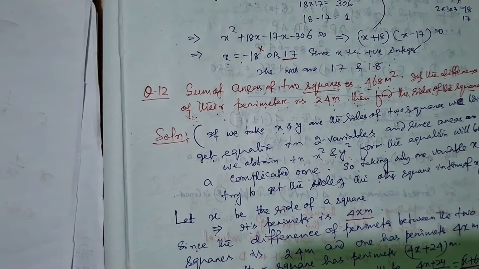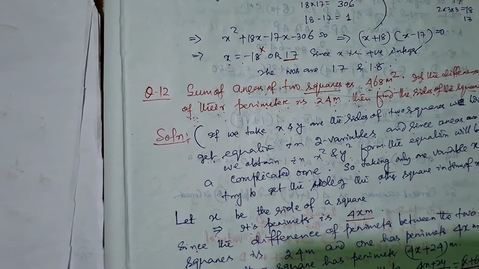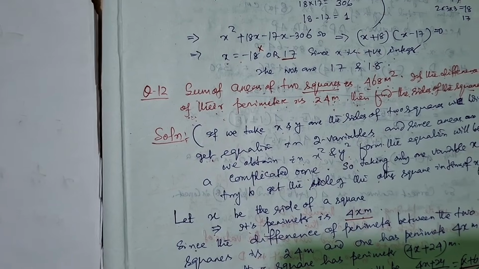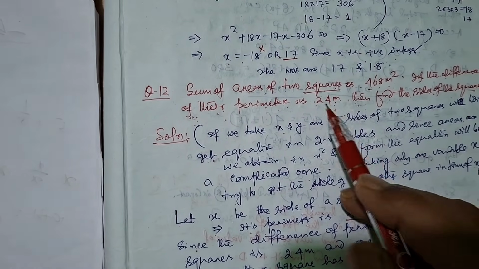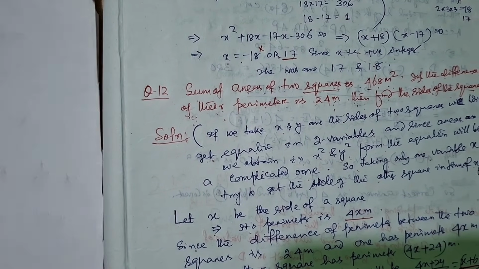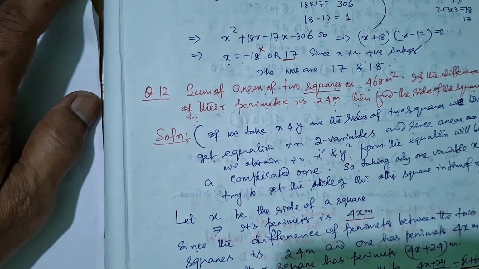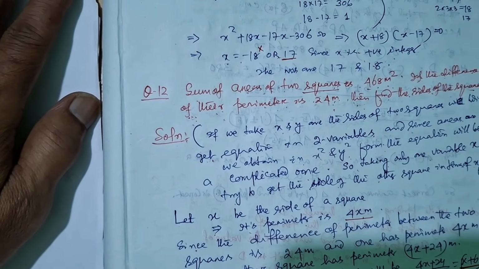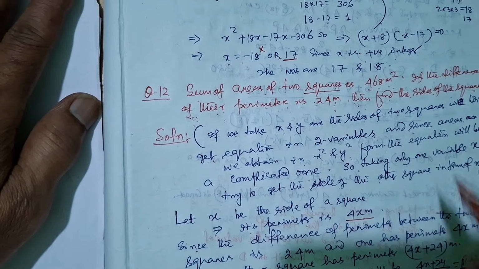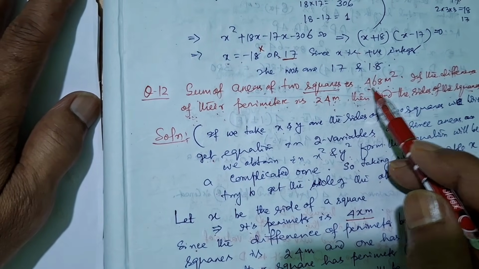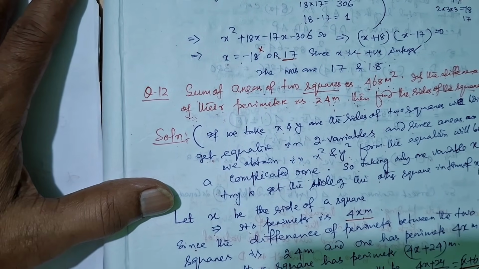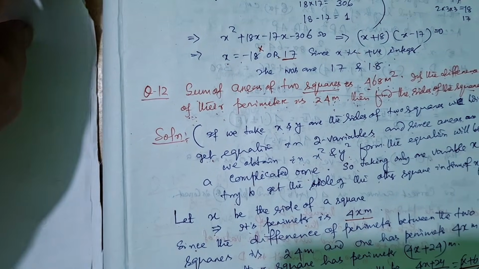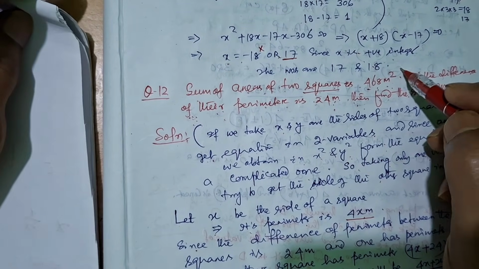Just verify: the perimeters are 48 and 72, which is 24 more, and the areas 144 plus 324 sum to 468. It is proved.